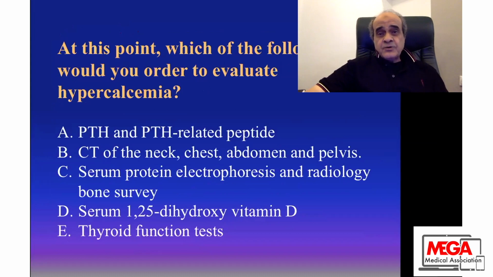At this point, which of the following would you order to evaluate hypercalcemia? Parathyroid hormone related peptide estimation, or CT of the neck, chest, abdomen, and pelvis, or serum protein electrophoresis and skeletal bone survey, or serum 1,25 dihydroxyvitamin D, or thyroid function test.